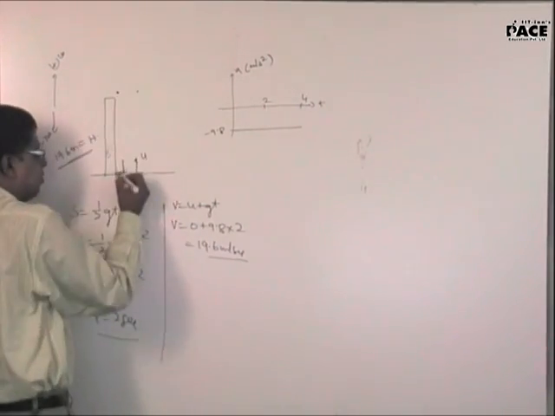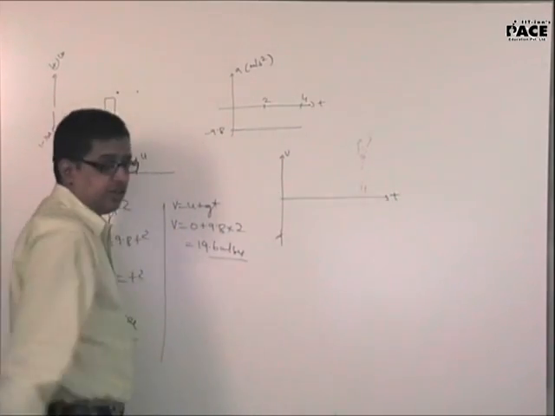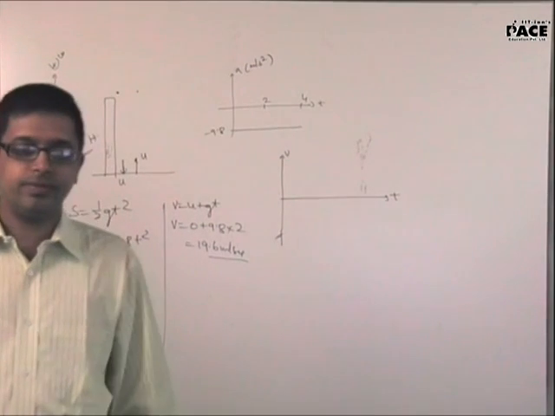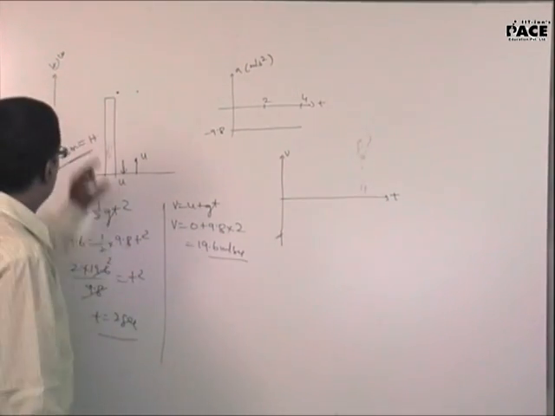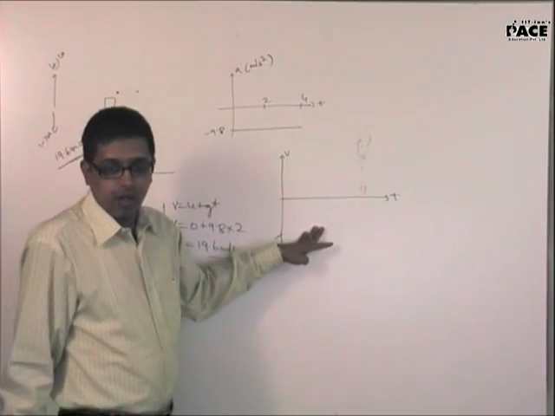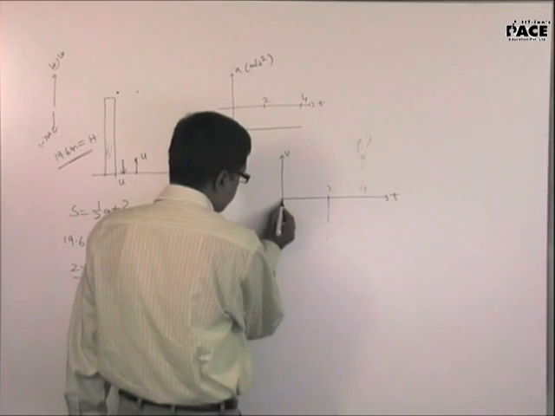As it is going down, the velocity is increasing. And you said everything in the downward direction is negative. So the whole of the first half of the journey, till 2 seconds, should be negative.